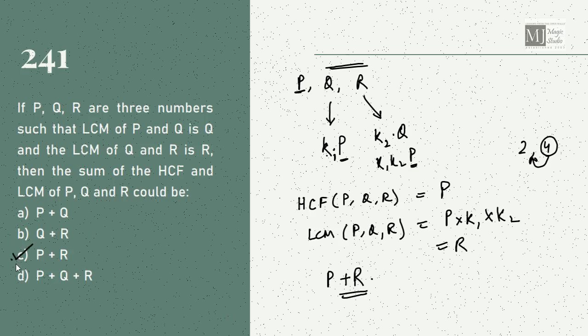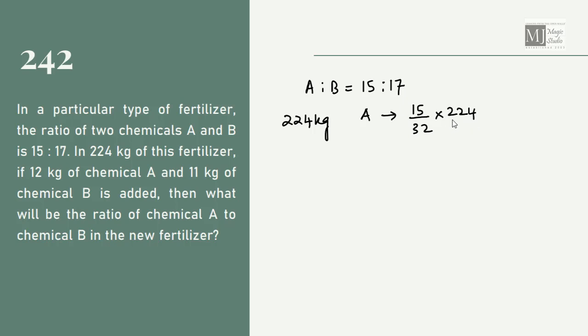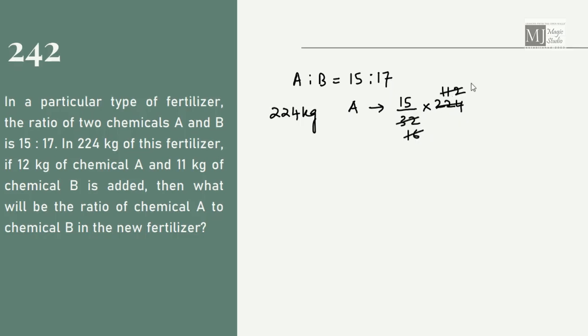Option C fits in. In a particular type of fertilizer, the ratio of two chemicals A and B is 15:17. In 224 kg of this fertilizer, A should be 15 upon 15 plus 17, that is 32, into 224, and then 32 into 7 is 224, so 16 7 times is 112. 15 into 7 is 105 kgs.